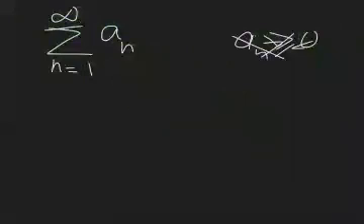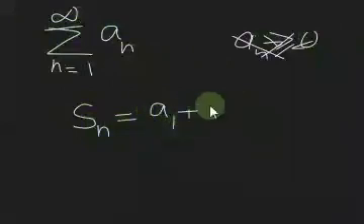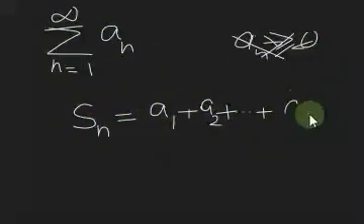So now let's consider its nth partial sum. S sub n is denoted by the nth partial sum: a sub 1 plus a sub 2 up to a sub n, the summation of the first n terms. So this is called the nth partial sum of the series, right?